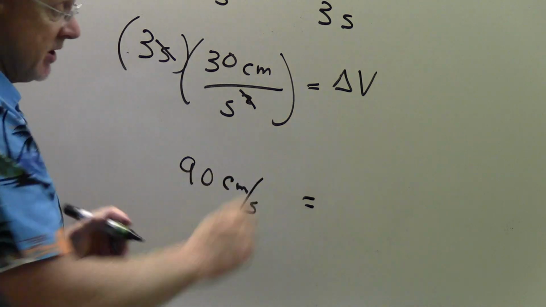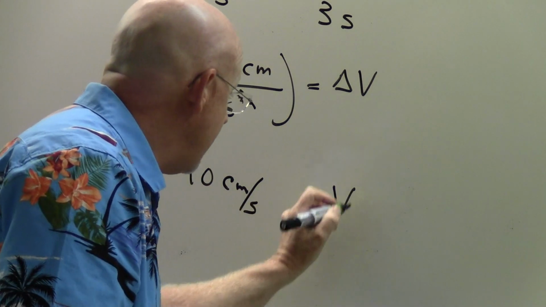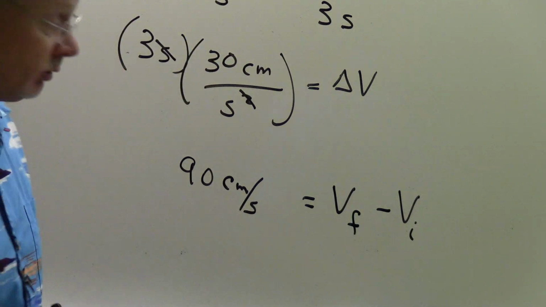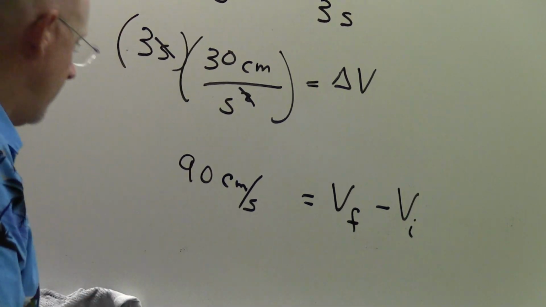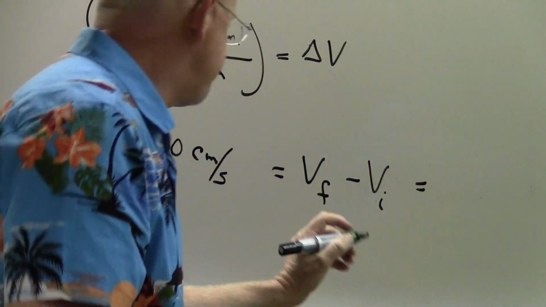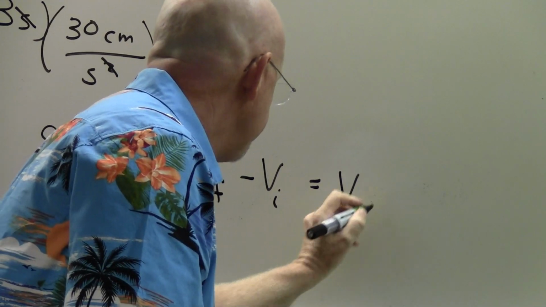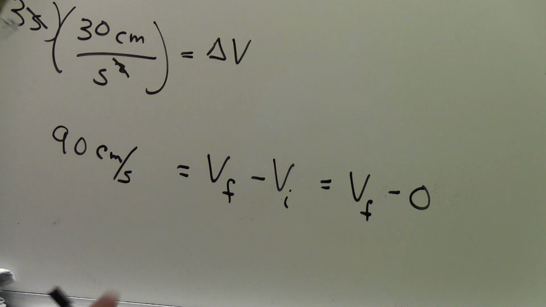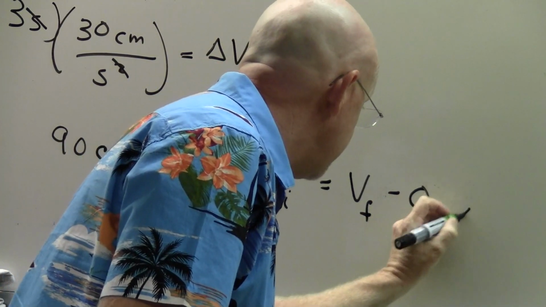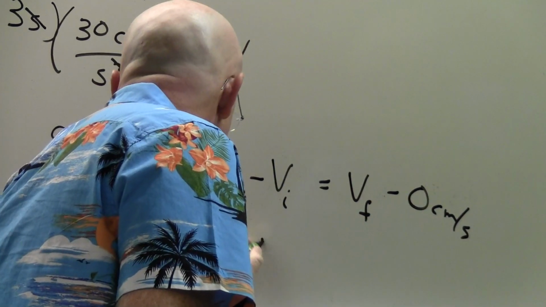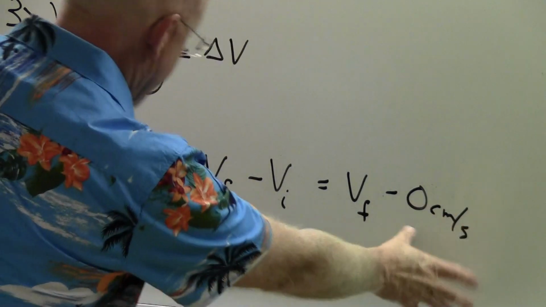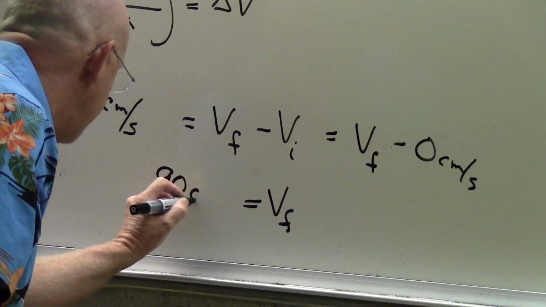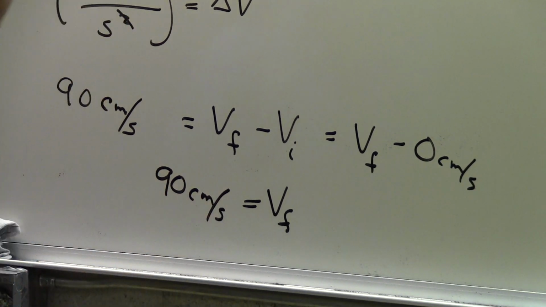Now, this, of course, is the change in speed. So maybe I should write that as final speed minus initial. But for this problem, the initial speed was 0. And maybe I should put my unit, 0 centimeters per second. So when I bring the 0 over to this side, I end up with a final speed of 90 centimeters per second.